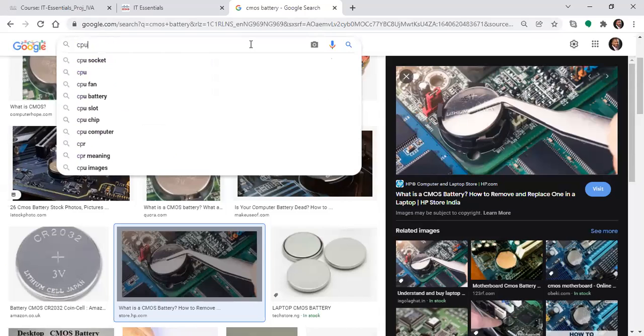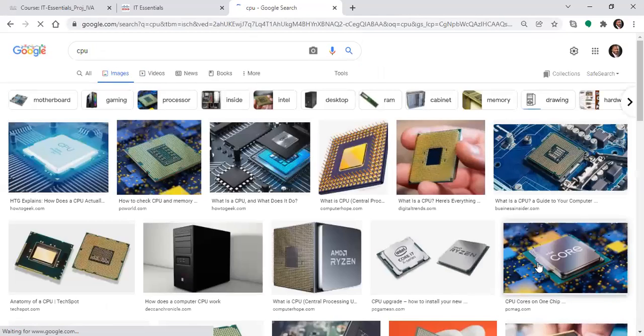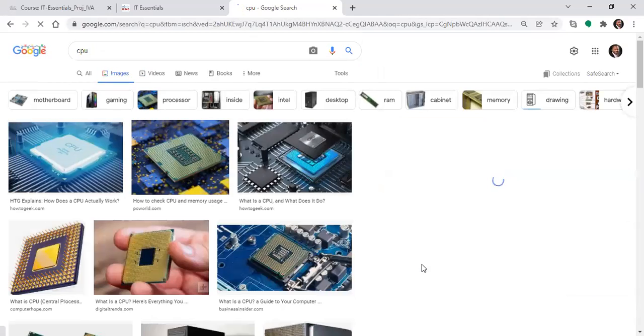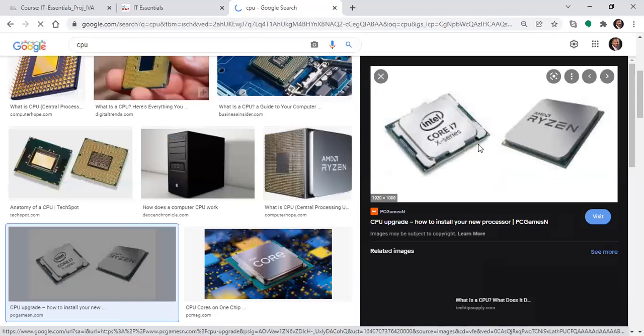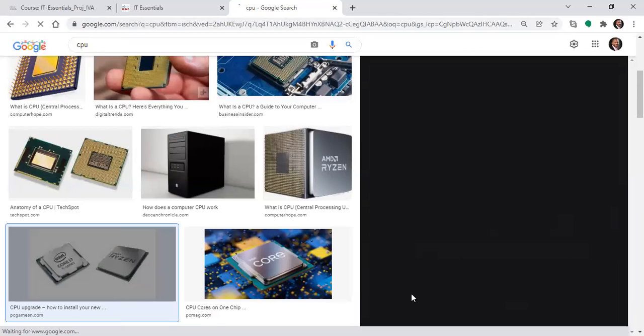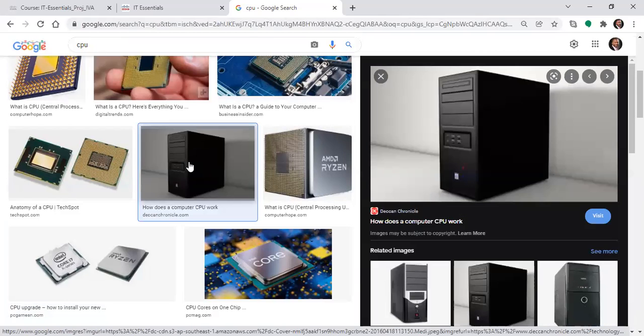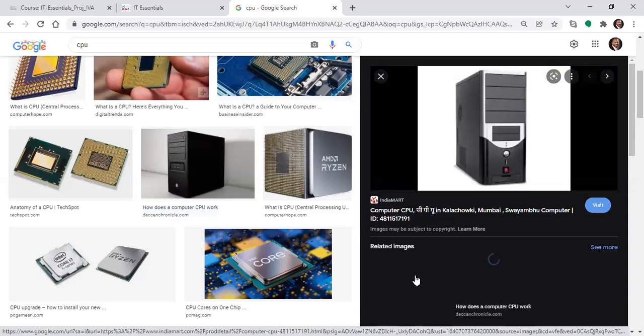This is a CPU. If you're seeing my screen, this is what I call a CPU, the processing unit. We're still going to talk about the processing unit. But this one is a system unit. It's called a system unit because all the components are inside already. So it's not called a CPU.